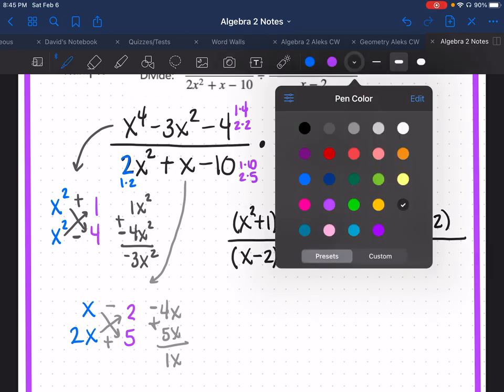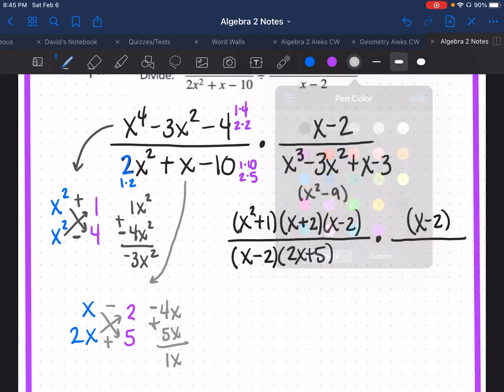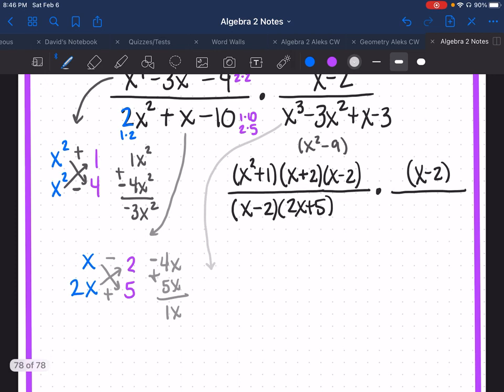I'm going to grab, ooh, I hope this color will work. I'm going to grab this color and come down here and say x to the third minus 3x squared. And then I'm going to think of it as x minus 3. So I'm going to kind of split it up. There is a plus here, but I'm going to look specifically at these two first, and then I'm going to look at those two next.